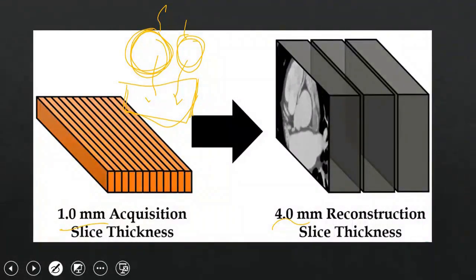So what is the solution? If I have a large thickness, for example, if my detector sees them as 2, but I have increased the reconstruction slice thickness, the reconstruction slice thickness will take these 2 objects and combine them, resulting in an image where I cannot discriminate between the 2 objects.